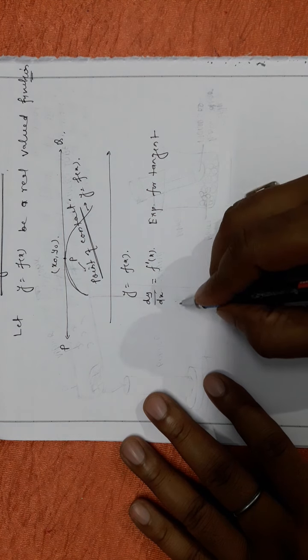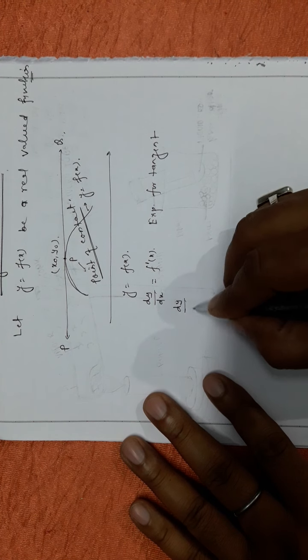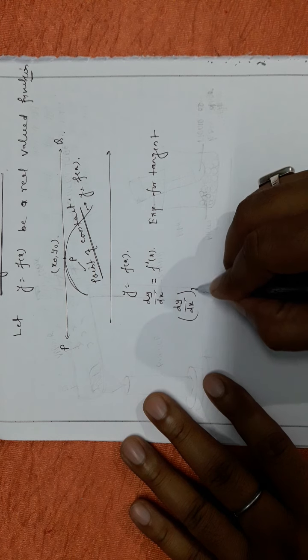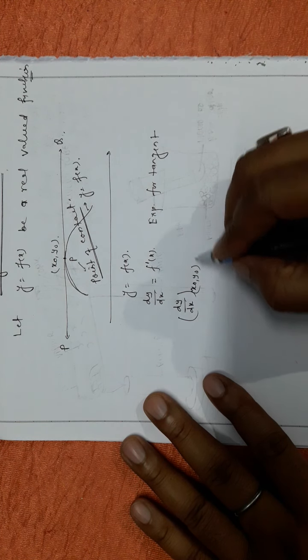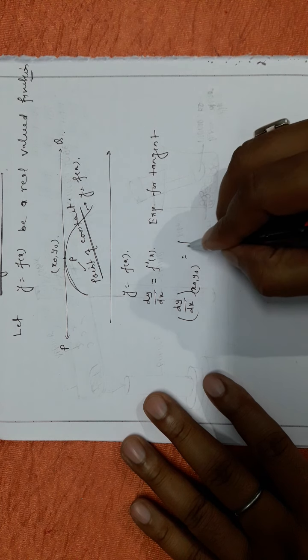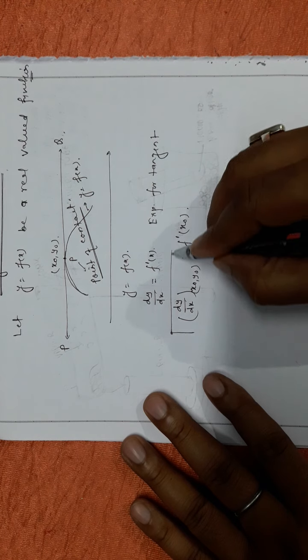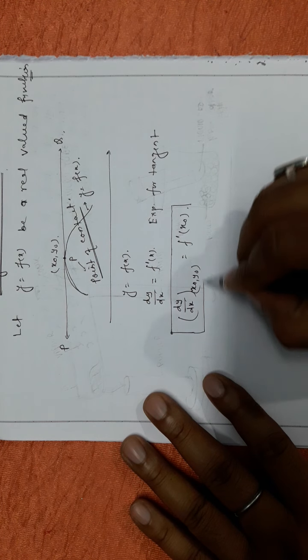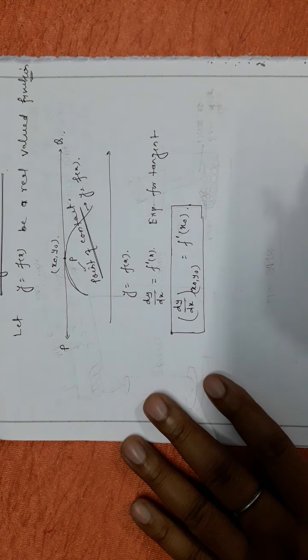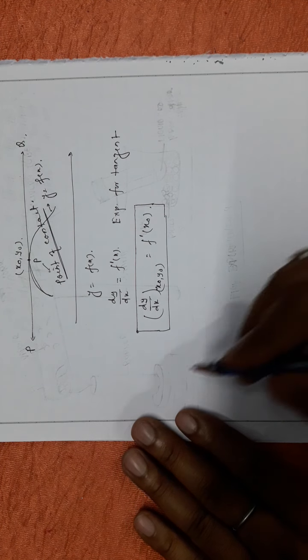Now we have to find the value of tangent at point (x0, y0), so we write dy/dx at (x0, y0) equal to f'(x0). This is the formula for finding tangent at point (x0, y0) on the curve.